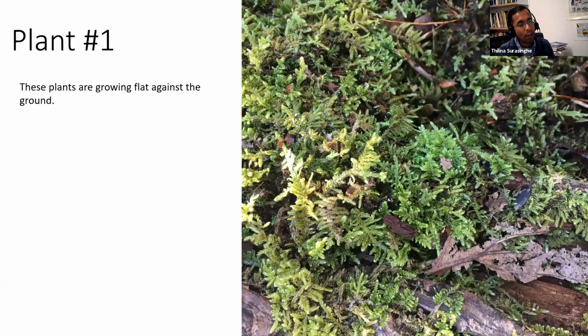Take a good look at that. It says plants are growing flat against the ground, and you can see it's growing against a log, literally alongside the log, right? And it's green, yellowish green in color.